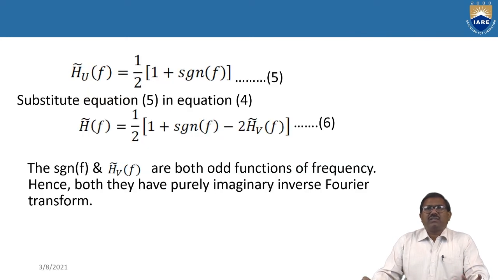Now this H tilde U of f can be represented using a signum function, and substituting this in equation 4, we can get the transfer function H tilde of f.